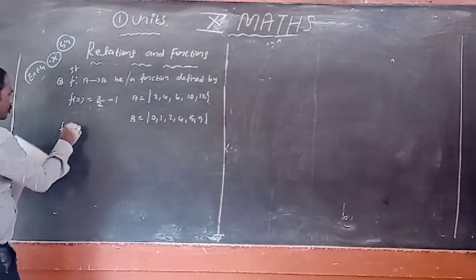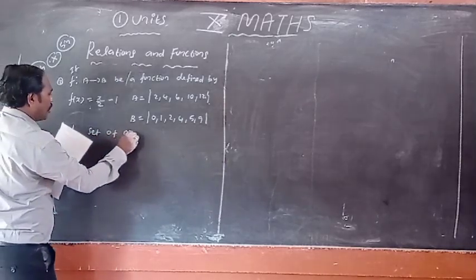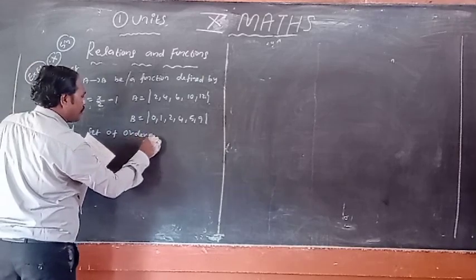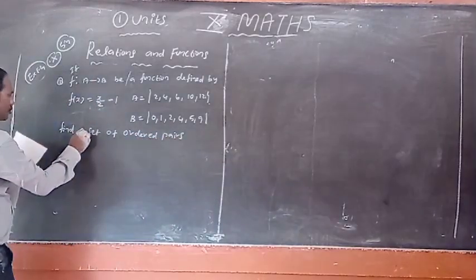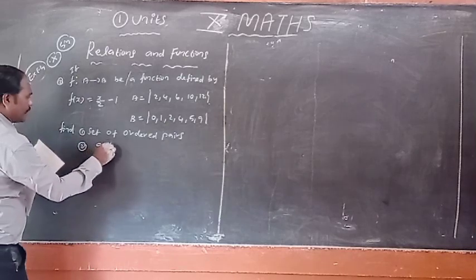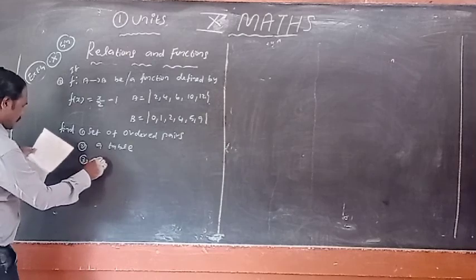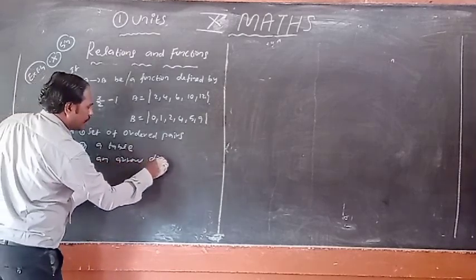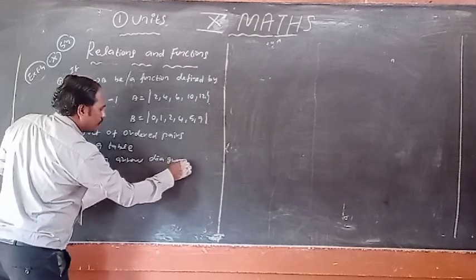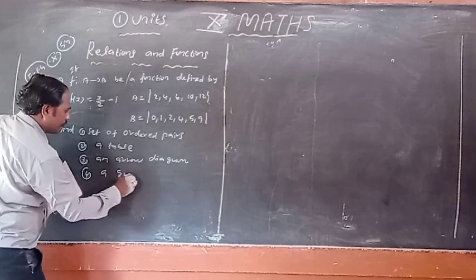Find: first, the set of ordered pairs; second, a table; third, an arrow diagram; fourth, a graph.